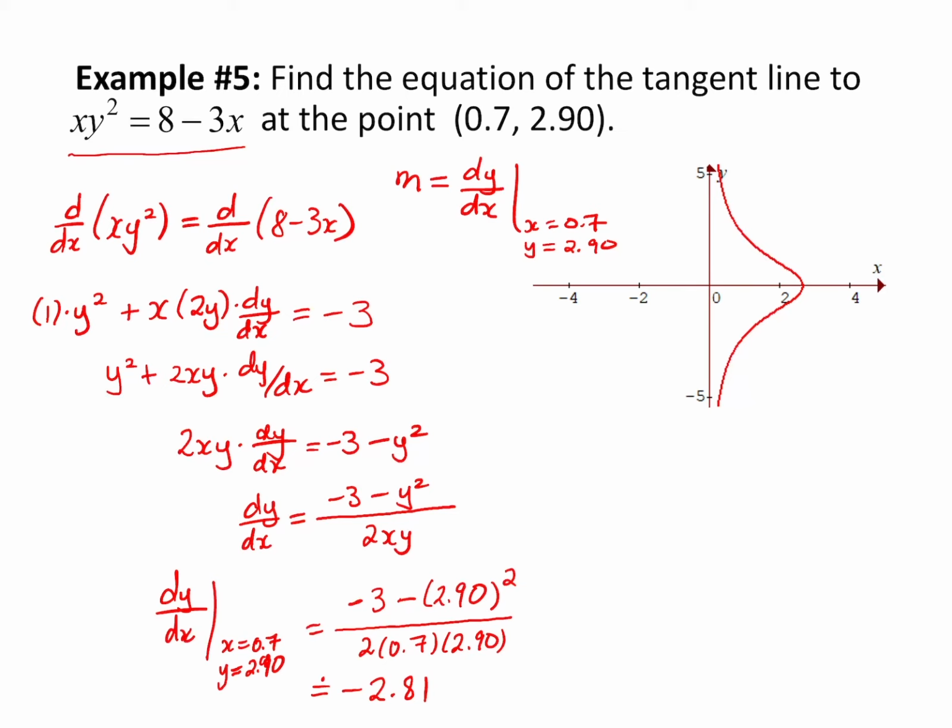And that is going to represent the slope of the tangent line at our point. So now that we have the slope of the tangent line and we have a point, we can go ahead and find the equation of our tangent line.